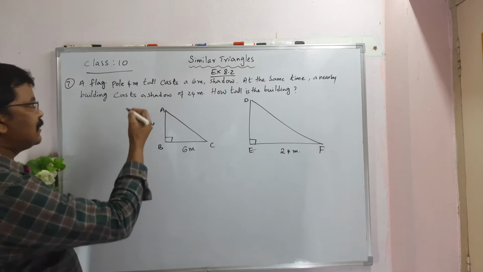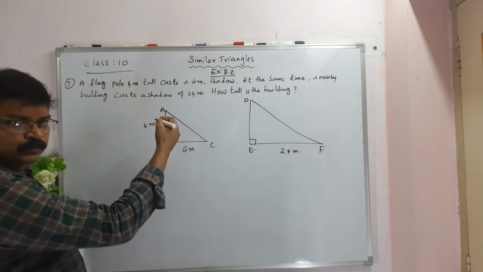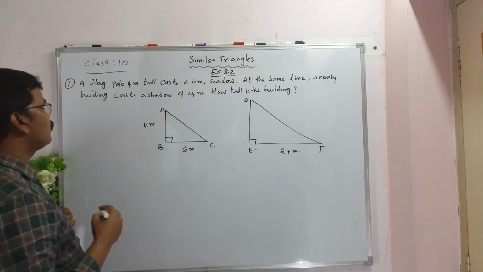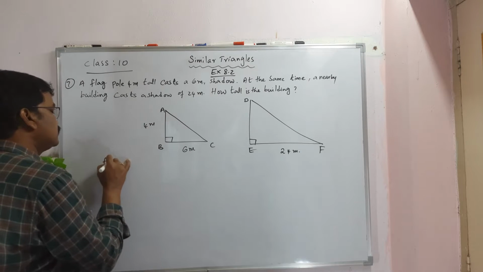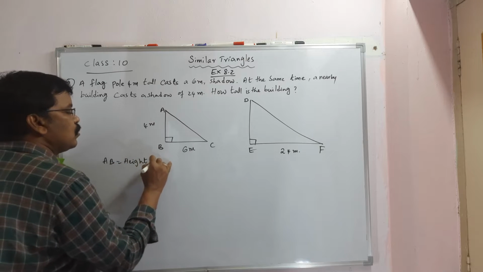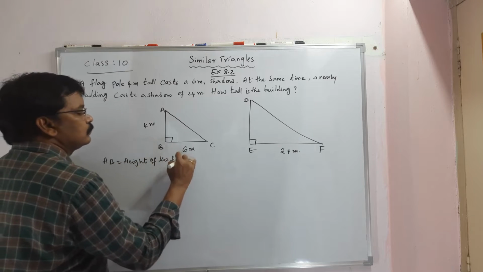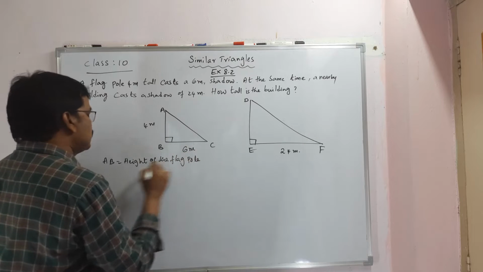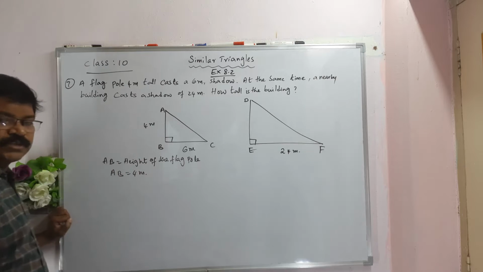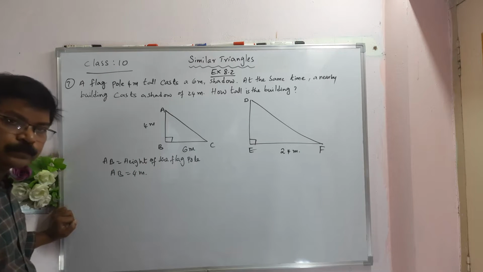Here this AB is the height of the flagpole. So this is equal to 4 meters.